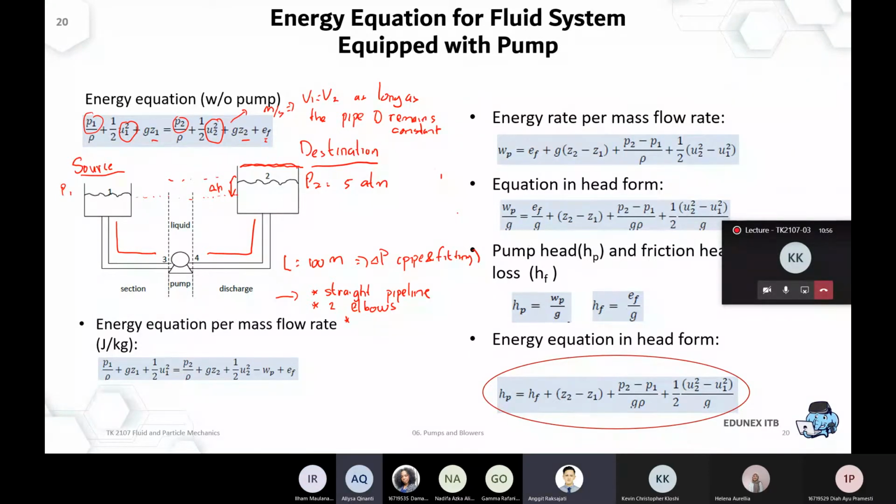Is it the tank, sir? Sorry? The tank. The tank? What would be the pressure drop in the tank? So now I'm asking about the pressure drop components.